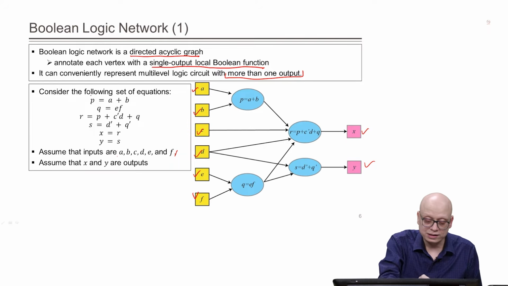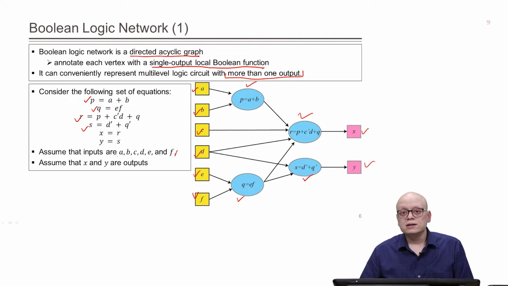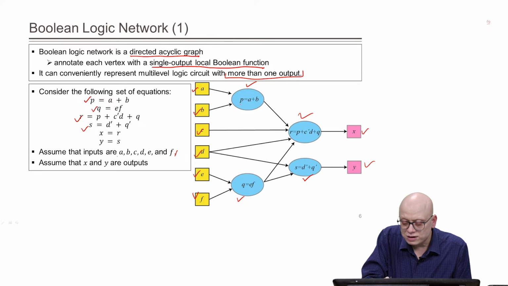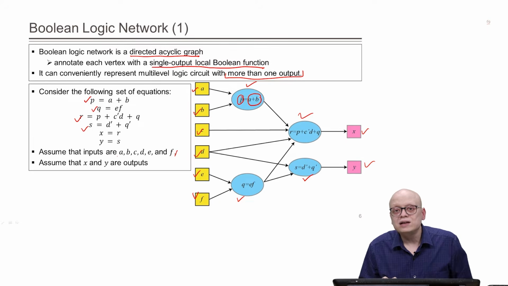For example, we created an internal vertex for this equation P, for the next equation Q, for R and S. We created vertices for them, and on each vertex we have two parts, LHS and RHS. On the LHS we have the name of the node.